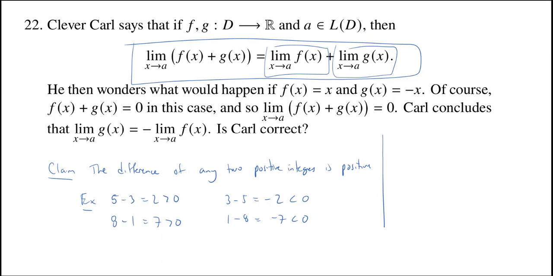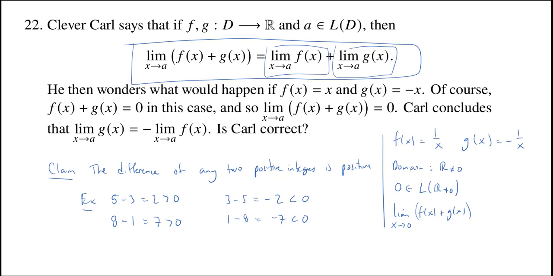So as an example, if I let my f of x be 1 over x and my g of x to be negative 1 over x, then 0 is certainly a limit point of the domain, right? So, well, let me write here the domain. So the domain could be, say, all real numbers except for 0, right? We don't want to put 0 into these fractions, but 0 is a limit point of the domain. Okay, and so now what happens if I take the limit as x goes to 0 of f of x plus g of x?